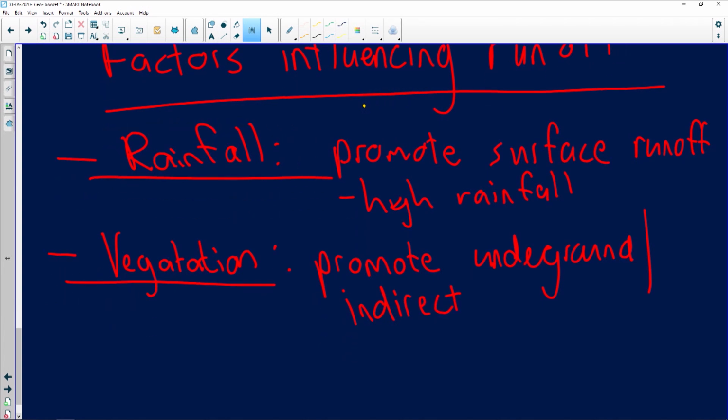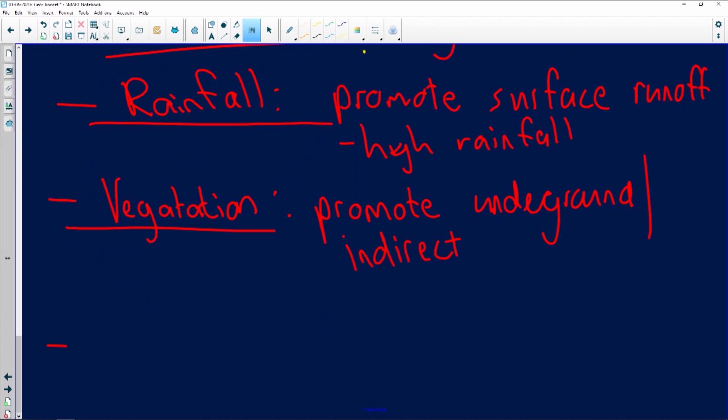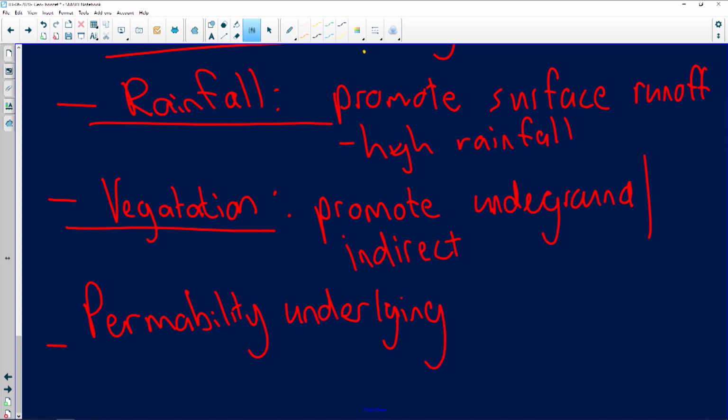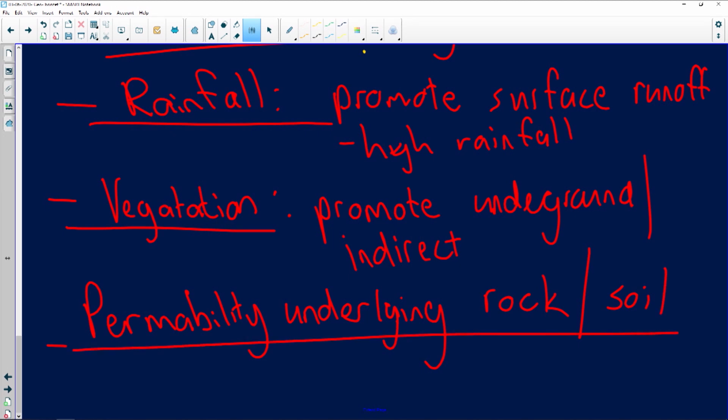Okay. Now, very important as well, we need to look at the permeability of the underlying rock or soil. Okay, so we're going to have a look at both of them, rock and soil, and I'm going to give you a couple of examples.